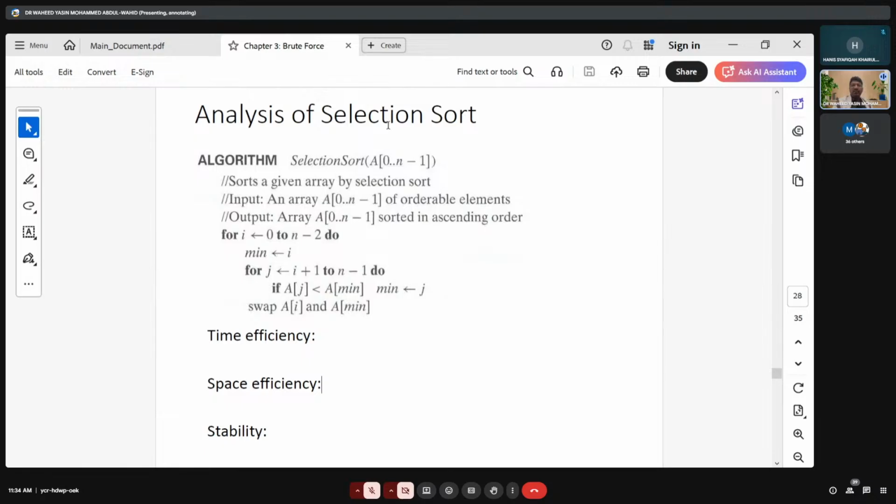The algorithm for selection sort, A[0..n-1], sorts a given array by selection sort. Input: an array A[0..n-1] of orderable elements. Output: array A[0..n-1] sorted in ascending order. This is the output in ascending order. For i from 0 to n minus 2, min equals i.